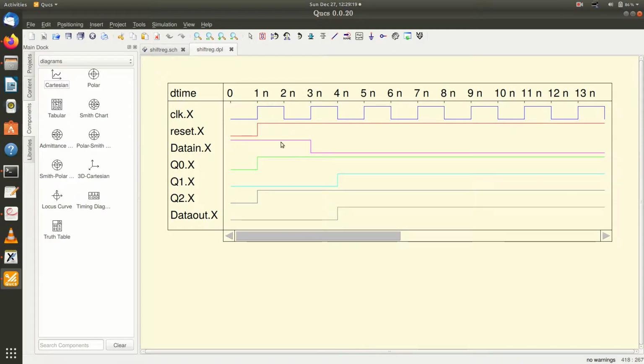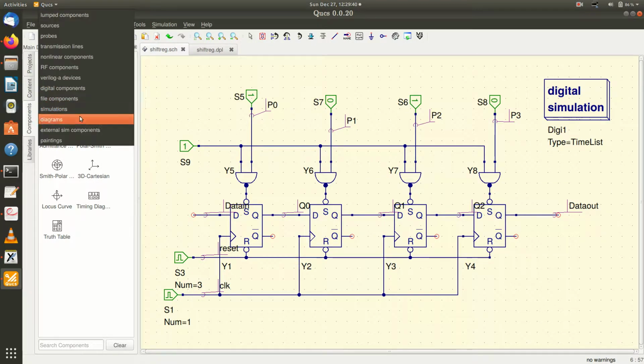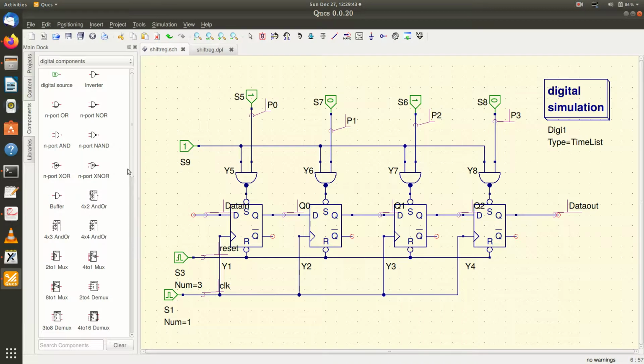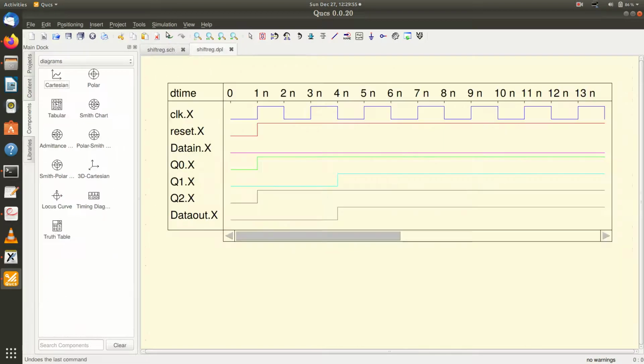I will remove this data input, place a 0 here, and disable this. Now you can see that this parallel input appears at the output.